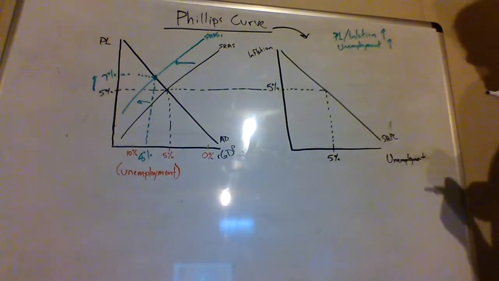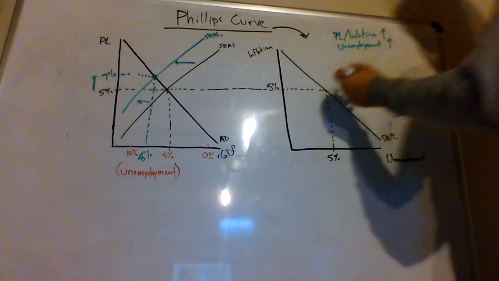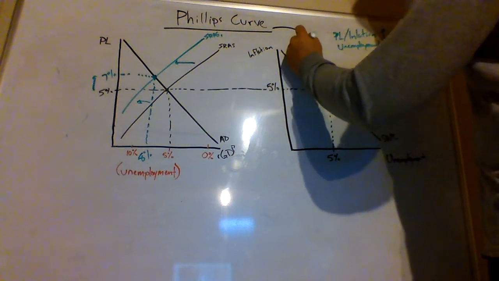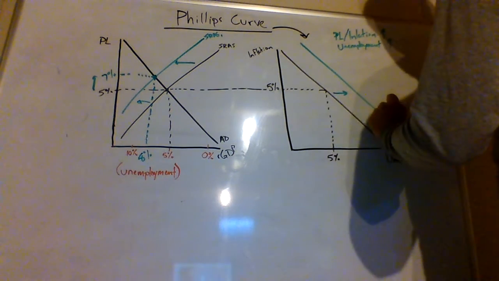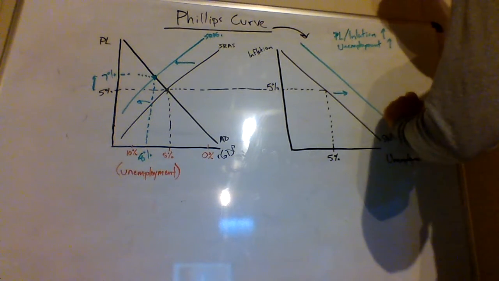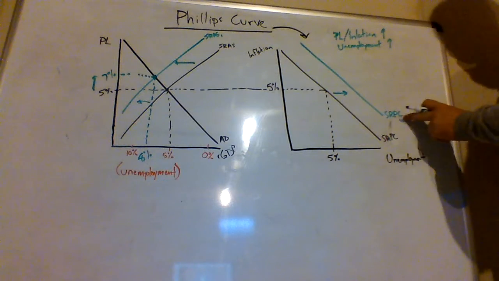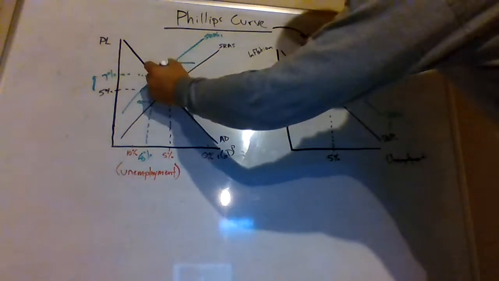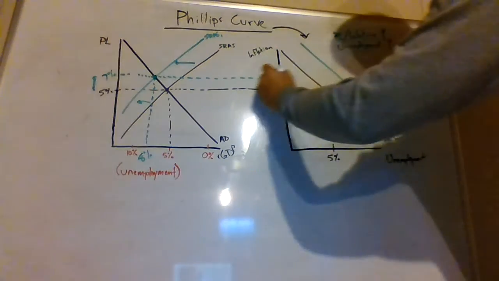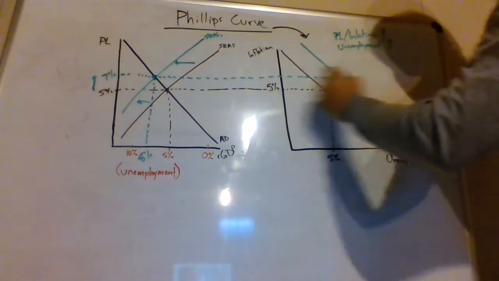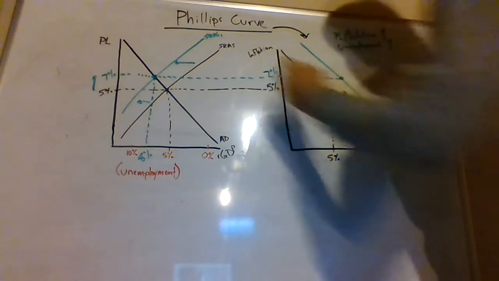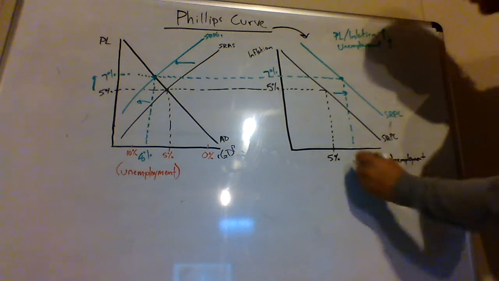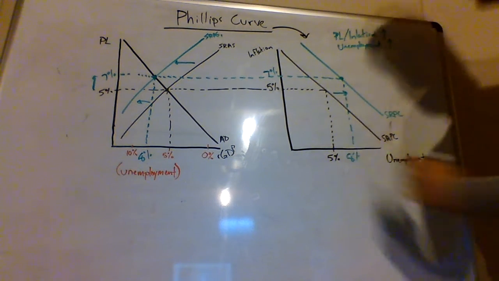So the way that we make them both increase is we've got to shift our short-run Phillips curve out to the right. Okay, so we've got a new short-run Phillips curve. And now we can say, all right, here's our 7% inflation, and it's also going to say that we have 8% unemployment.